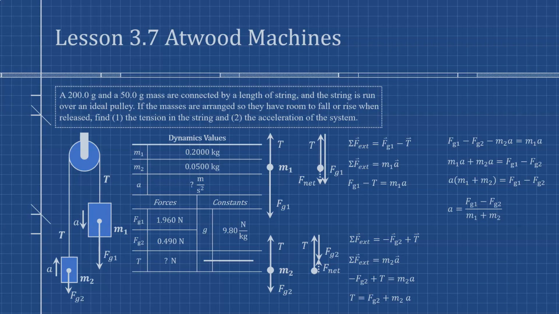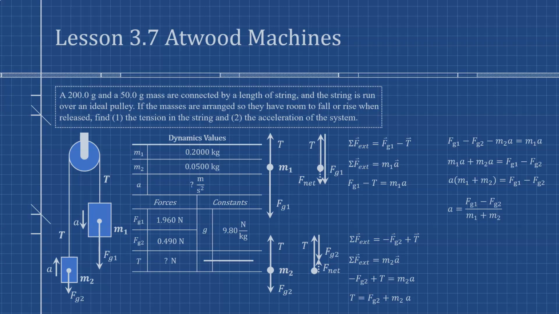We also noted that the acceleration has to be the same, just logically. So we combined our net force equations, and then we combined two equations with two unknowns to solve for one unknown, acceleration.